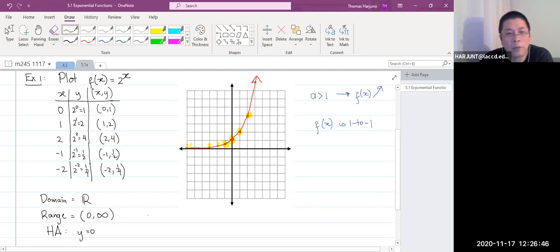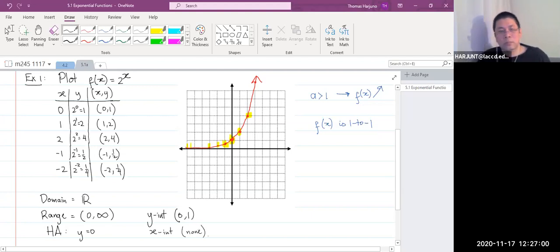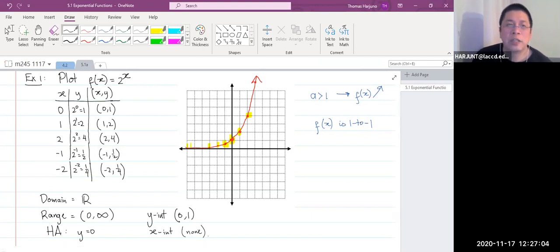Furthermore, we have y-intercept (0, 1), no x-intercept. Now, this principle applies for all bases greater than 1. For all bases greater than 1.